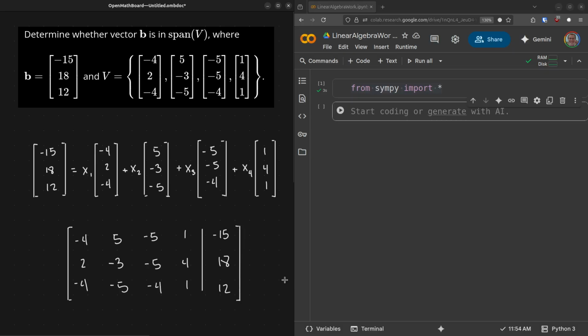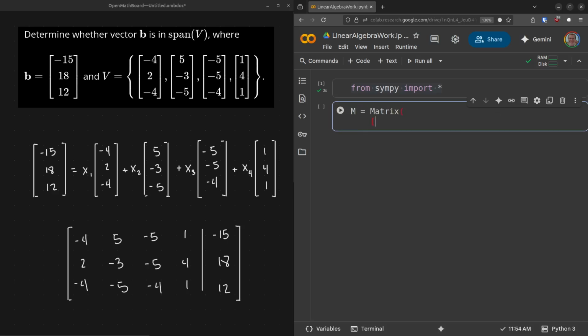Okay, we want to find the reduced row echelon form of this matrix. We could do it by hand, but we really don't want to. So let me quickly type this into our computer, so the computer can quickly do all the hard work for us.